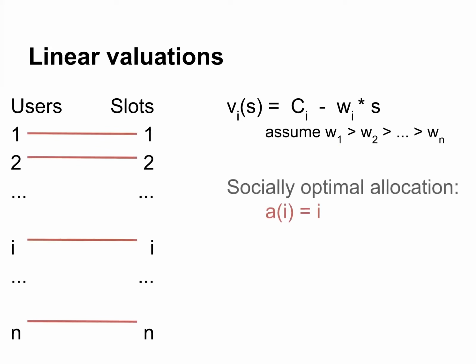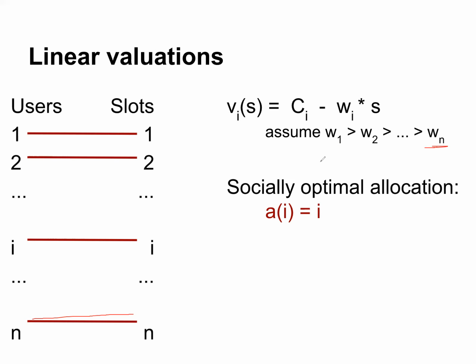Maybe to the one who is most impatient, right? You don't really want to delay user 1 by a single slot, because if you put user 1 somewhere else, not in the first one, the user loses lots and lots of money. You don't want that. And user N, well, that's perfectly fine to delay him forever because, well, who cares?